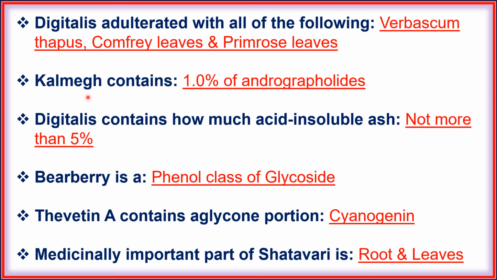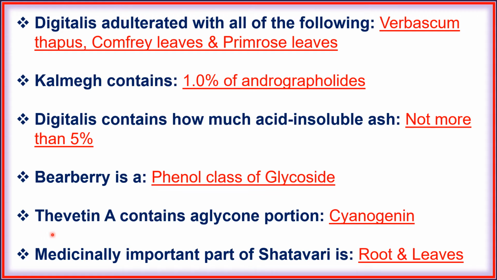Next, Kalmegh contains 1% of andrographolides. Next, Digitalis contains how much acid insoluble ash? That is not more than 5%. Next, bearberry is a phenol class of glycoside.